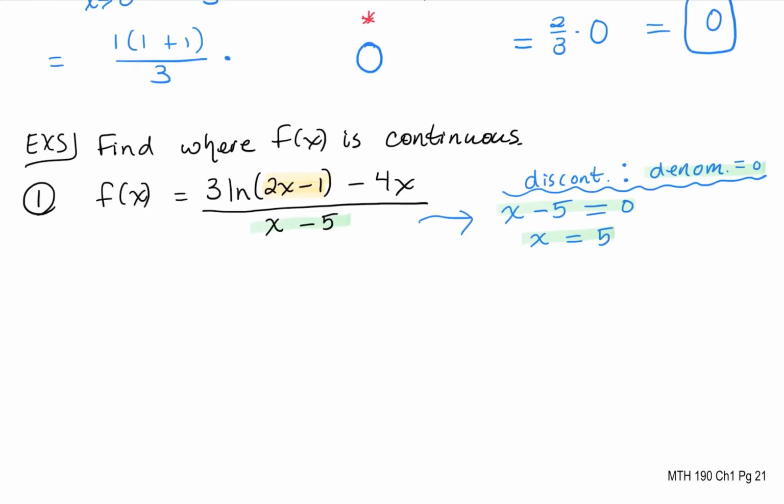Logs have to be strictly positive. So anything inside of a log function must stay strictly greater than 0. So log functions have to be positive.